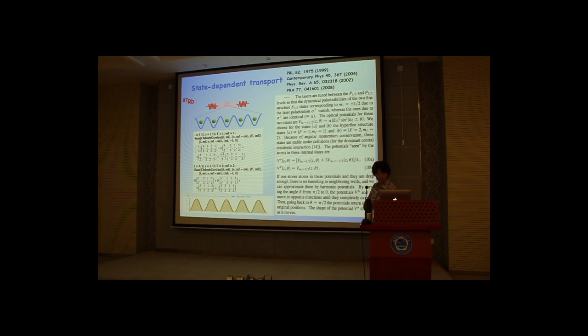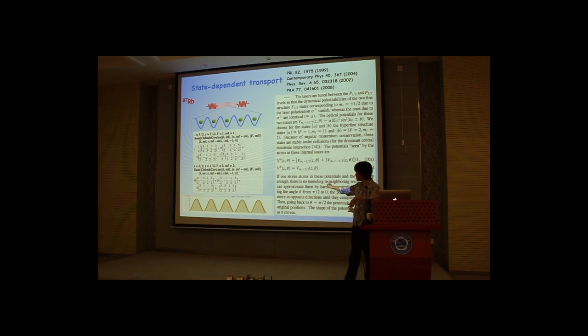This is what we do. I'm not going to get into the detailed physics. Basically, those states are hyperfine states. The electron spin quantum number is not a good quantum number, which means that the state has a certain probability of the electron spin pointing upwards and a certain probability of the spin pointing downwards.